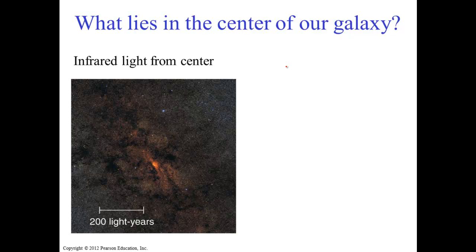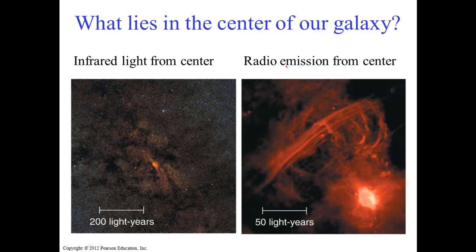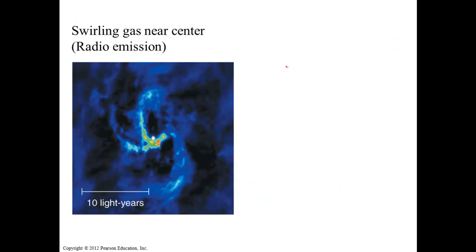So this is looking in infrared, and you can see ballpark 200 light years is that much. This is honing in to 50 light years now and looking at radio wavelength. Scary, not a good place to visit. This is honing in even closer, and this is again a different type of radio wavelength.